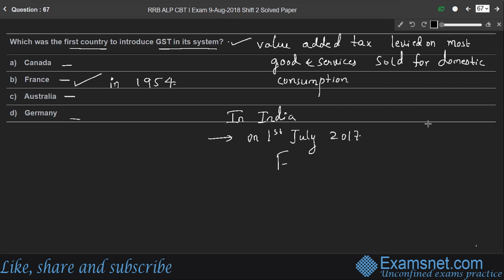This tax was implemented through the 101st Amendment of the Constitution of India by the Indian government. So for the given question, France is the country to introduce GST in its system. It was the first country, so option B.